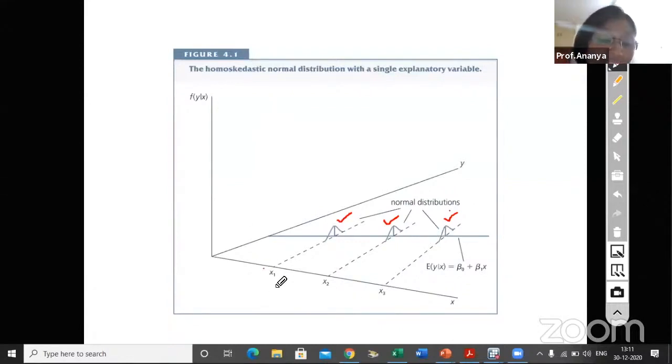So even after I've fixed x, I get a whole range of values of y, because y is equal to alpha plus beta x plus u. But on average, the errors go to 0, and I have a symmetric distribution of y around its mean. The errors are normally distributed, so each of these has a normal distribution, and they have the same variance. That's the assumption of homoscedasticity.